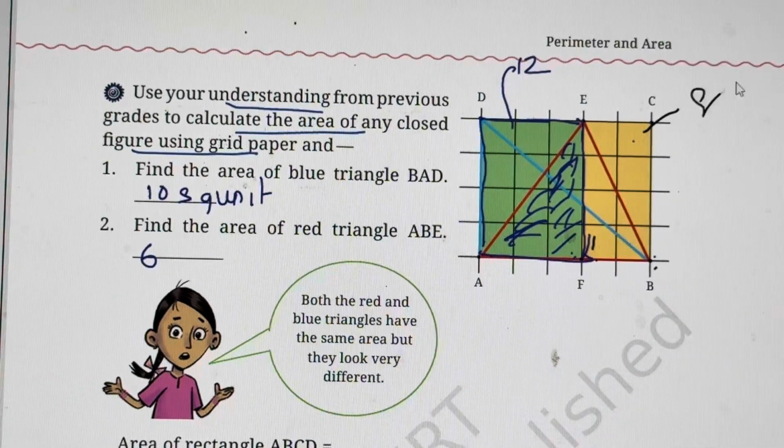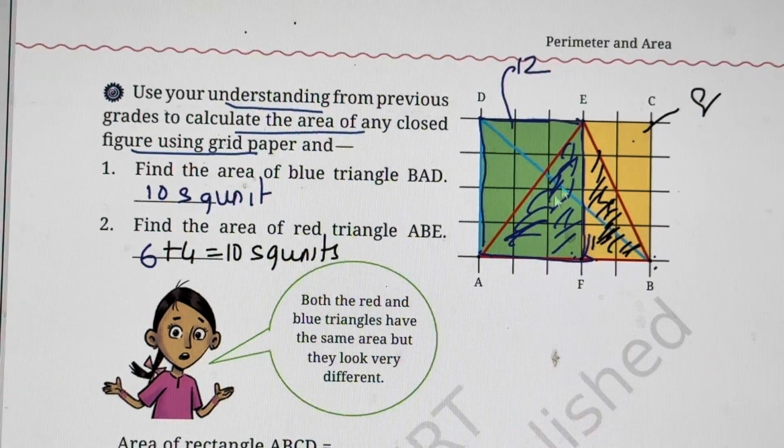So 2 4s are 8 is the full area. So half of it, the triangle, will be 4. This portion I'm talking about. Right? So this portion is 6. This is 4. So 6 plus 4 is 10 square units is the area of the red triangle ABE.